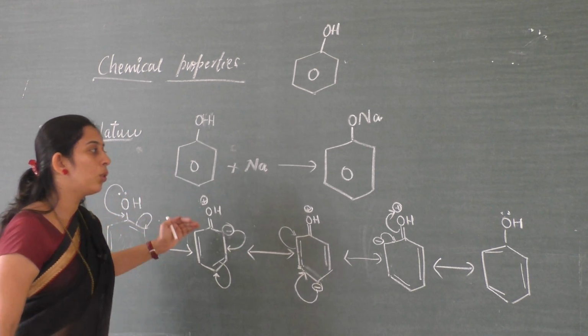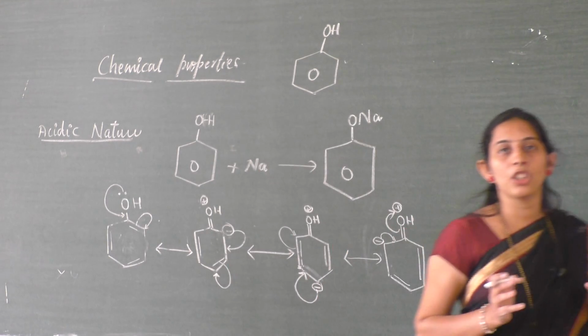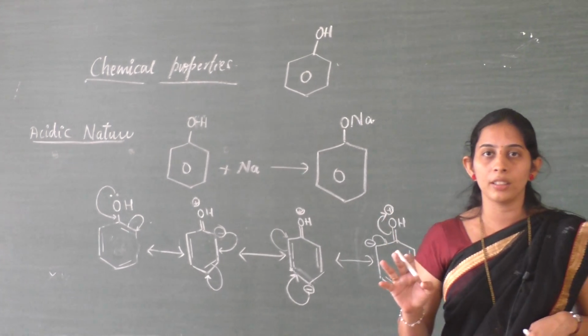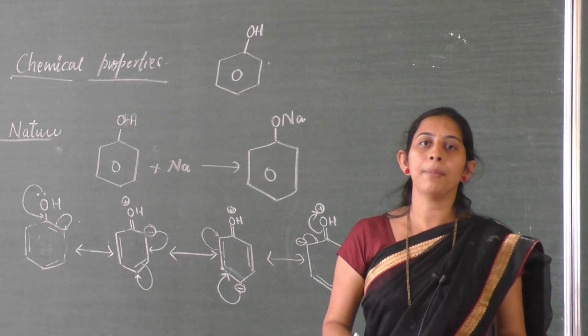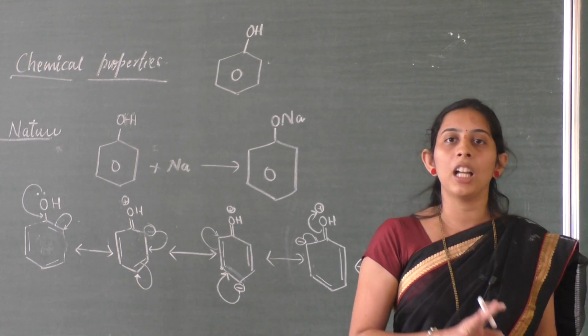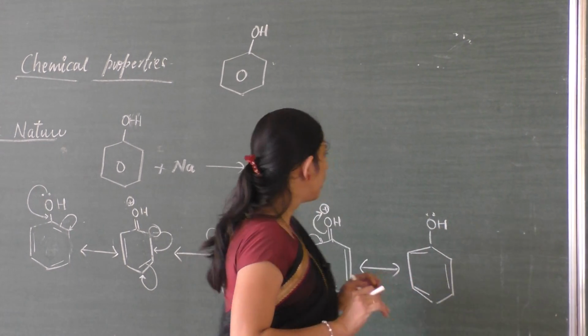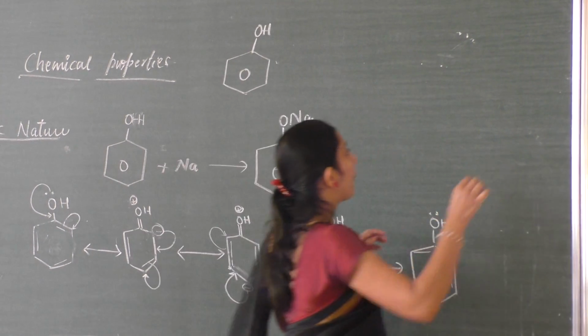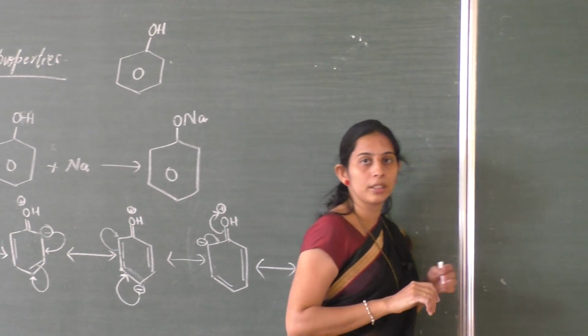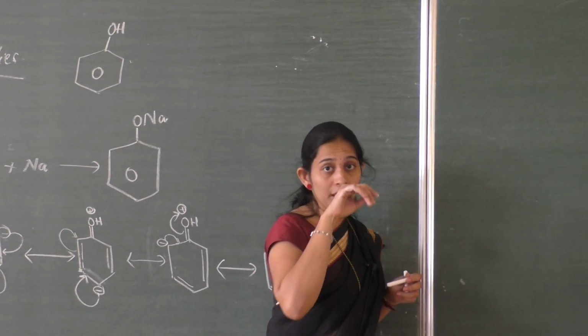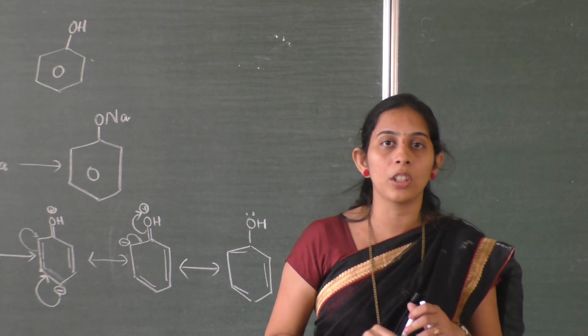Next, once you know why phenol is said to be an acidic one, we have to study the comparison of phenol with water, phenol with the base, phenol with an alkoxide ion. If you compare phenol and water, we say that phenol is more acidic than water.